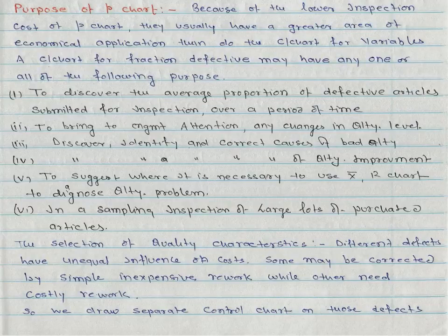When bad quality is produced by a particular process, we have to take corrective actions for the quality improvement of a product. Finally, to suggest where it is necessary to use X bar and R chart, and to diagnose a quality problem. That means if the number of defectives goes beyond certain limits, then the inspector can suggest that some of the quality characteristics that are measurable be examined.